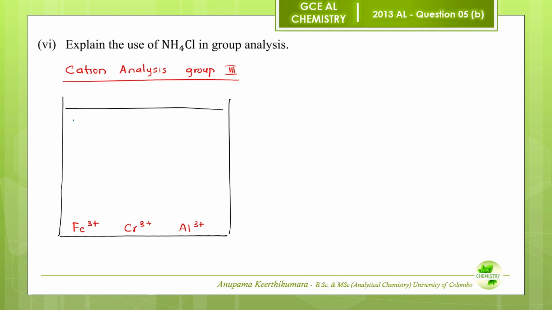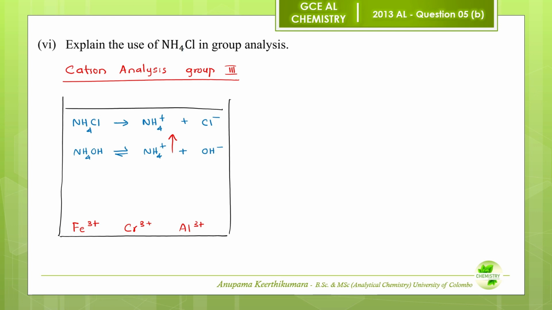Ammonium chloride completely dissociates into ions and produces ammonium ions and chloride ions. Ammonium hydroxide partially dissociates and produces ammonium ions and hydroxide ions. Because of these ammonium ions produced by ammonium chloride, ammonium ion concentration increases.